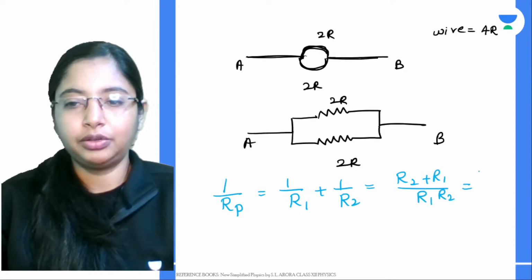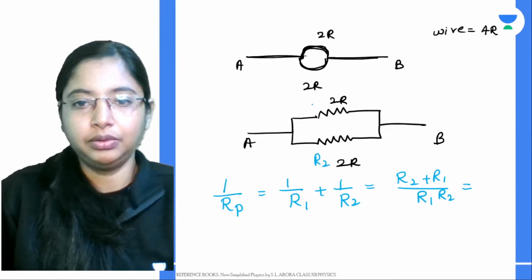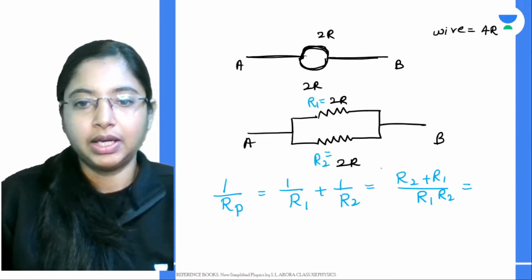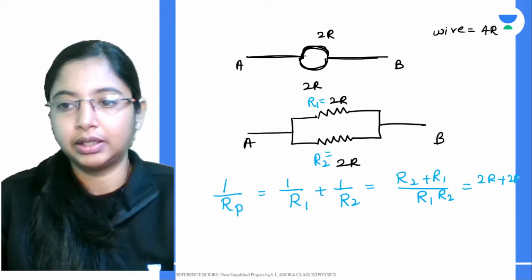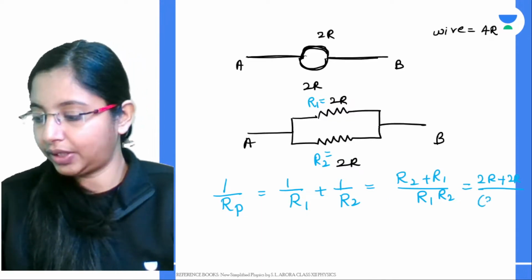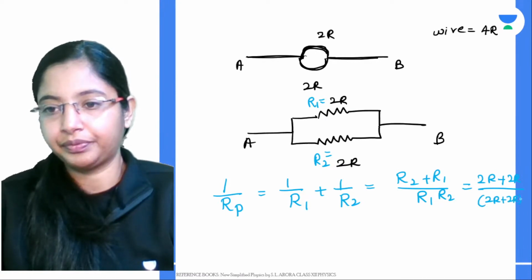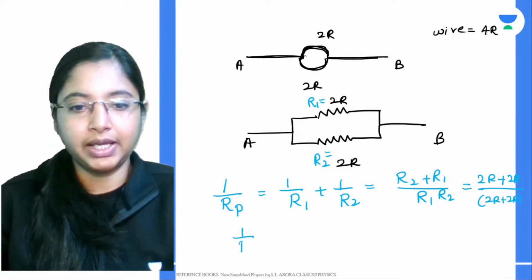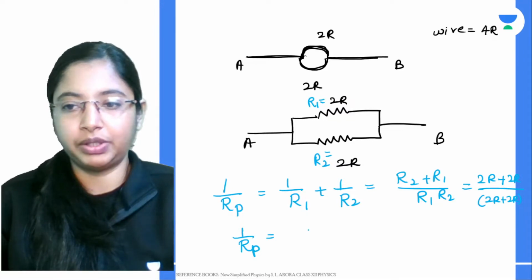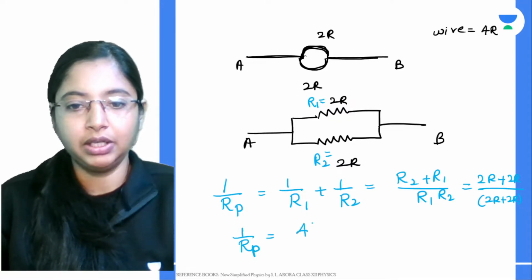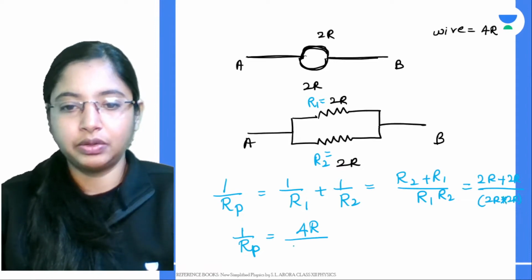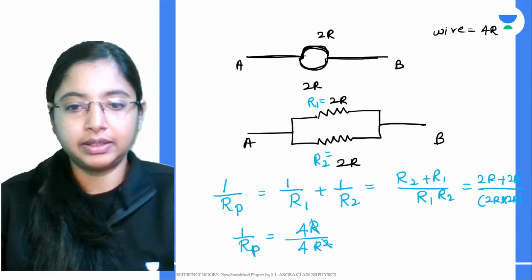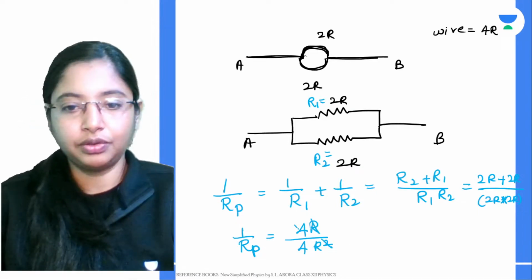R2 has a value of 2R, plus R1 has a value of 2R, divided by R1 times R2, which is 2R times 2R. So 1 by the effective resistance in parallel combination is 4R by 4R squared. R cancels, and 4 cancels.